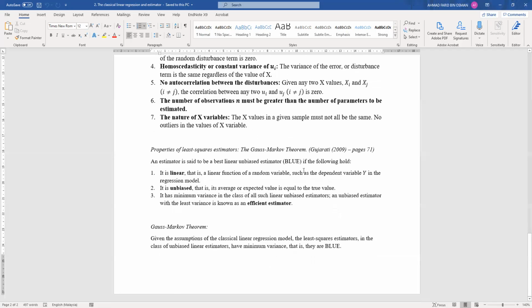And then the properties of the least squares estimator; you can refer to the main textbook for a more detailed explanation. An estimator is said to be a best linear unbiased estimator if the following holds. The first one, it is linear. It is a linear function of a random variable, such as the dependent variable y in the regression model.